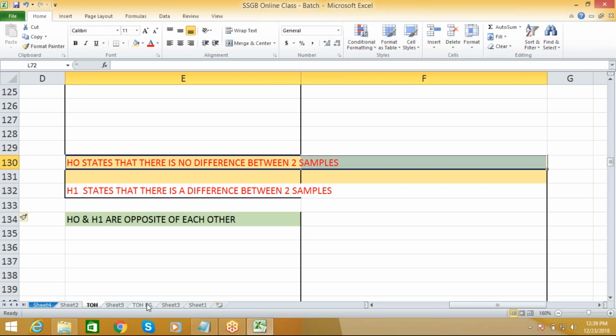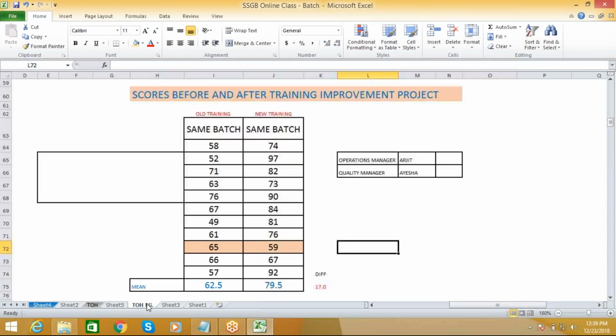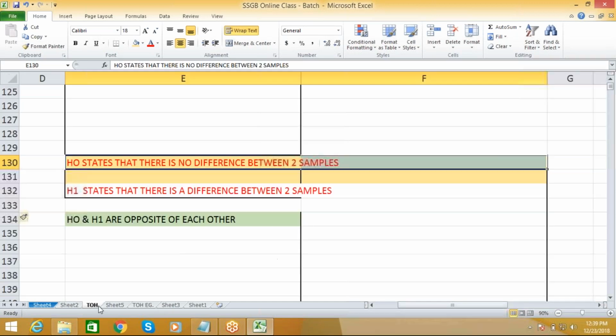An example of two samples or two groups of data is data like this. It says that there is no difference. When I say no difference, I mean no significant difference.